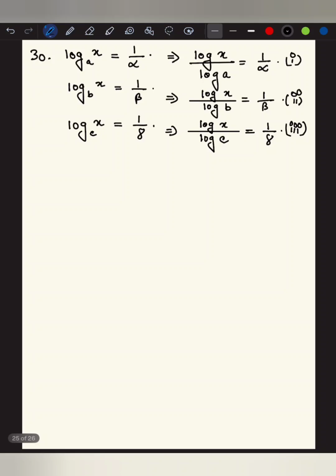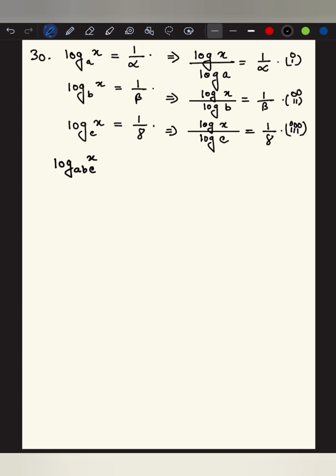Okay. Question number 30. Here we are given log x base A is equal to 1 by alpha, log x base B equals 1 by beta, and log x base C equals 1 by gamma. And we are asked to find the value of log x base ABC, right?